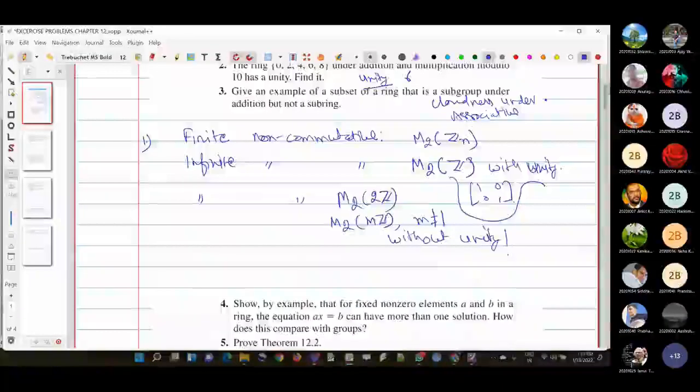Yes sir, under addition this is going to be commutative, because this is a subgroup of a ring, and a ring is commutative under addition. So we cannot say that under addition, because it is only a subgroup, it is not commutative. So this can also be the reason.